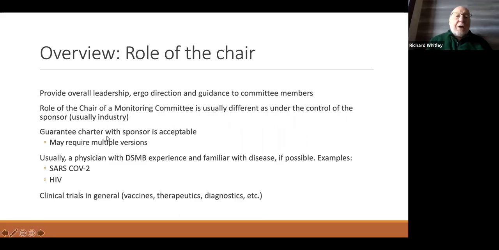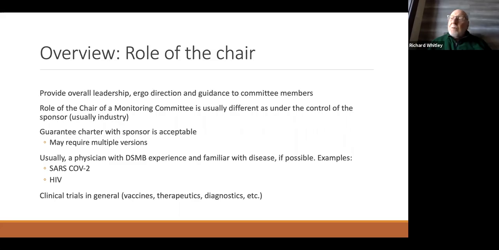The chair has to guarantee the charter with the sponsor and ensure that it is acceptable. Now, there may be multiple versions, and I'll give you an example of that. For example, if the unblinded statistician changes, we have to have an updated charter that includes the name of that new unblinded statistician. The chair is usually a physician with DSMB experience and familiar with the disease if possible.